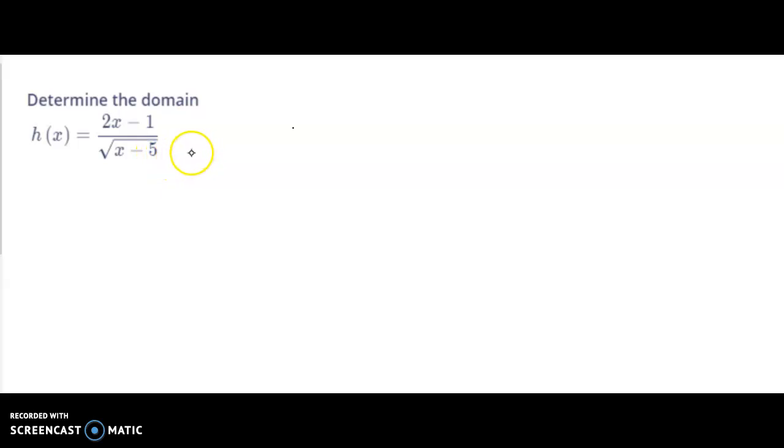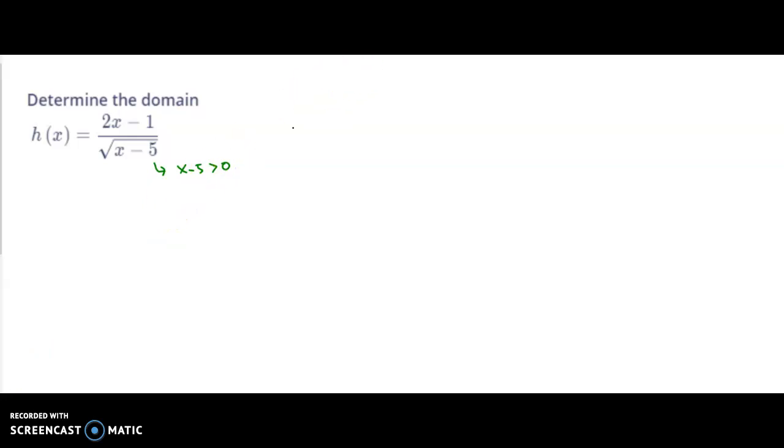And so we also know that because it's a square root, you can't have the inside equaling less than 0, right? Because you can't take the square root of a negative number, all right? So therefore, this x minus 5 must be greater than 0, okay? Strictly greater than, not greater than or equal to, but greater than 0.